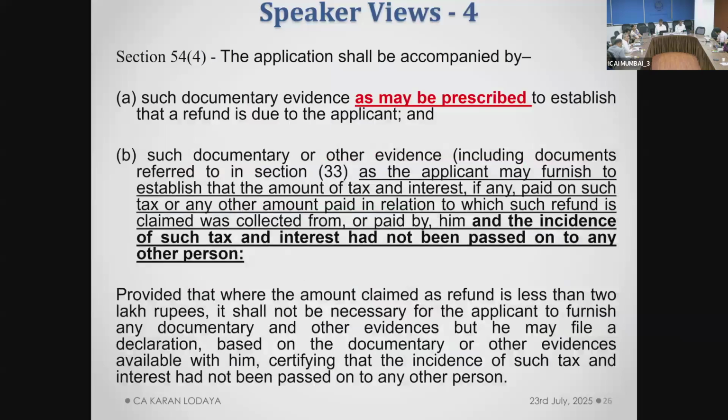So what 54 is saying is that once it is determined that you are getting a refund, it will go to the fund. If not, notwithstanding, it won't go to the fund, the assessee will get it. Correct. All refunds are ultimately covered under 54(5). Every refund will go under 54(5), thereafter 54(8).